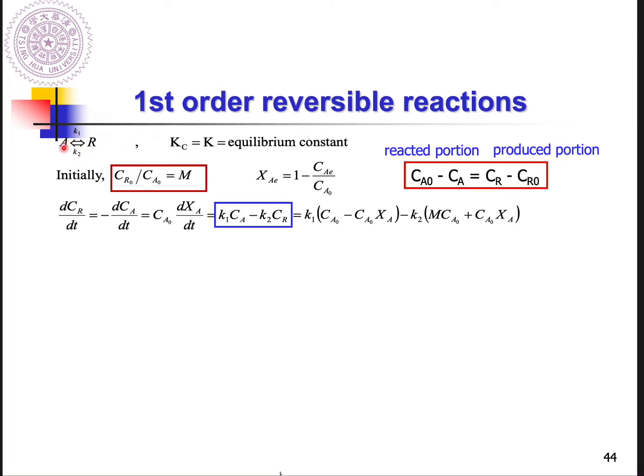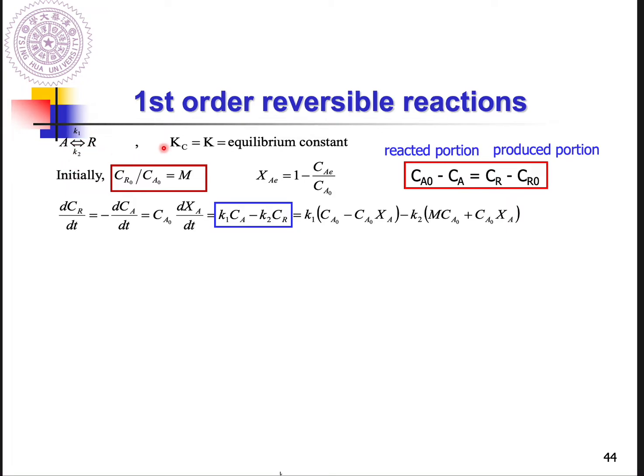So now reactant A can convert to product R with rate constant K1. And because it is a reversible chemical reaction, R can also convert to A with rate constant K2.